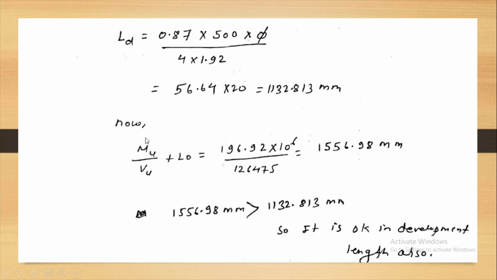Now again we put the values of Mu, Vu and L0 in the formula, and we are getting 1556.98 mm. If we compare, 1556.98 mm is greater than 1132.813 mm, it means it is satisfying our relations, so it is also okay in development length.